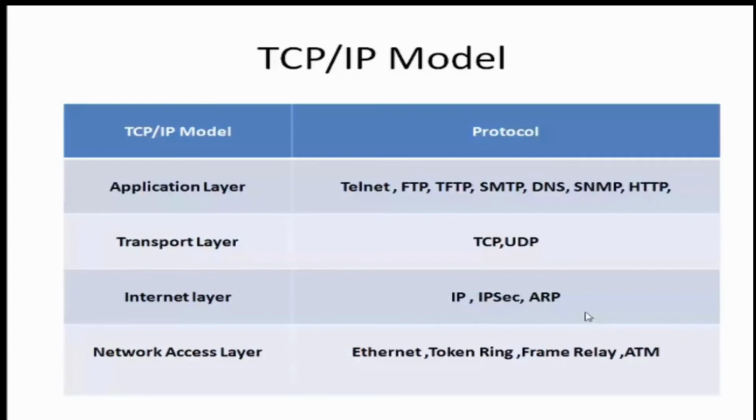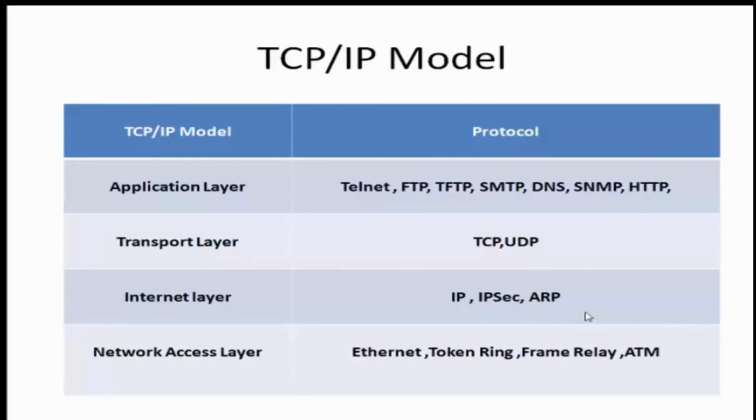TCP is a reliable protocol whereas UDP is an unreliable protocol, because TCP provides connection-oriented services whereas UDP provides connectionless services. Now how is it reliable and unreliable?